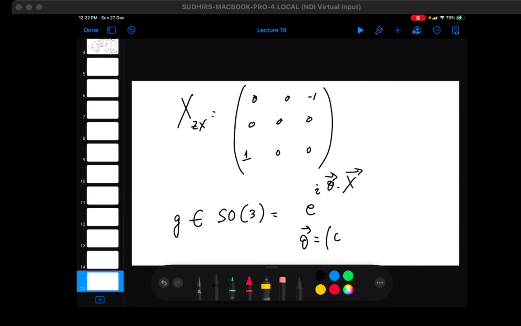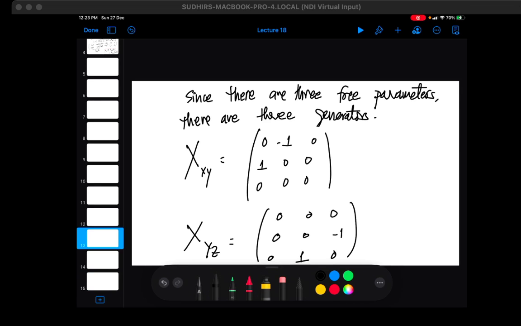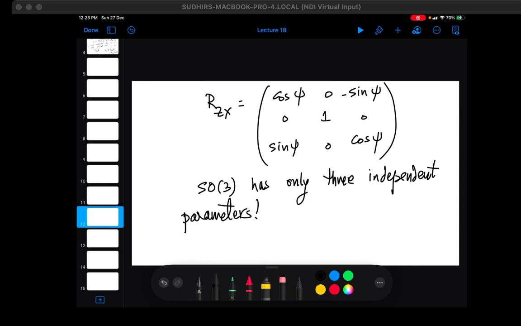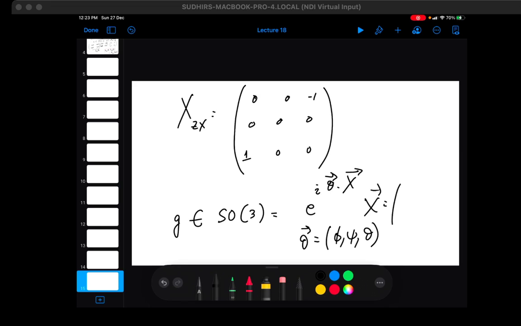And x bar would be the generators corresponding to yz, zx and xy. Okay, so with these three generators you have an element of the group SO3 expanded in this particular fashion.